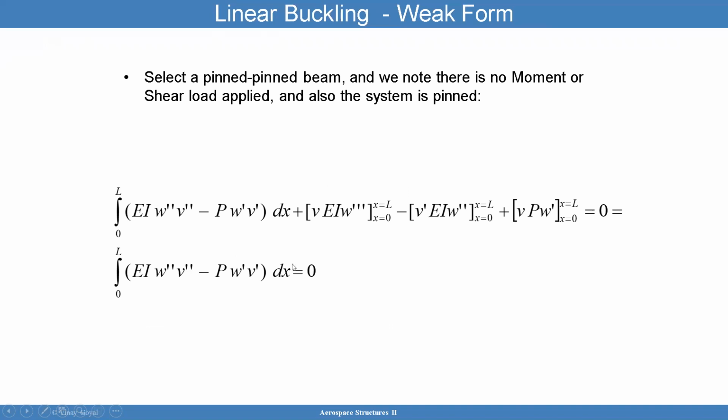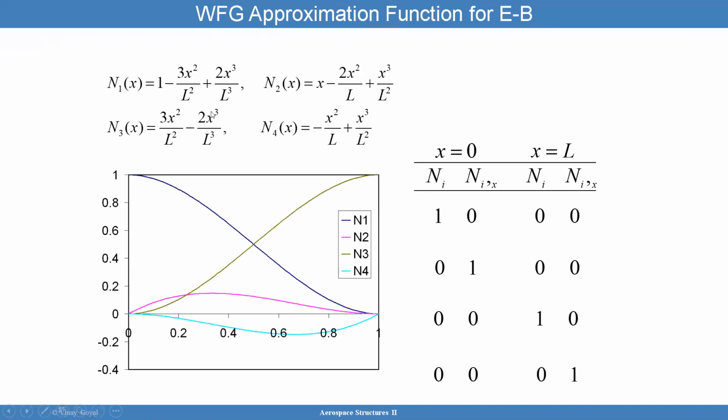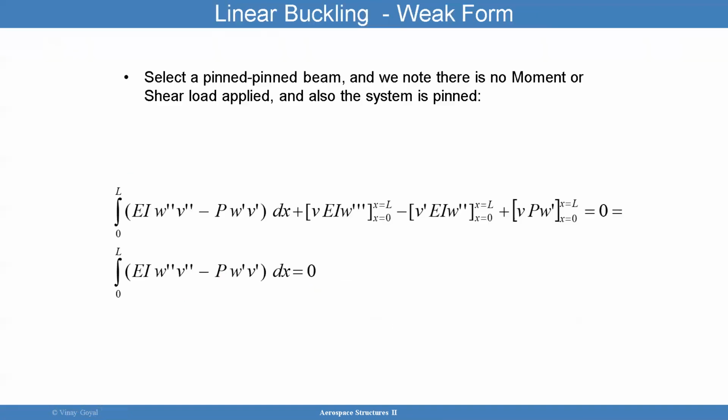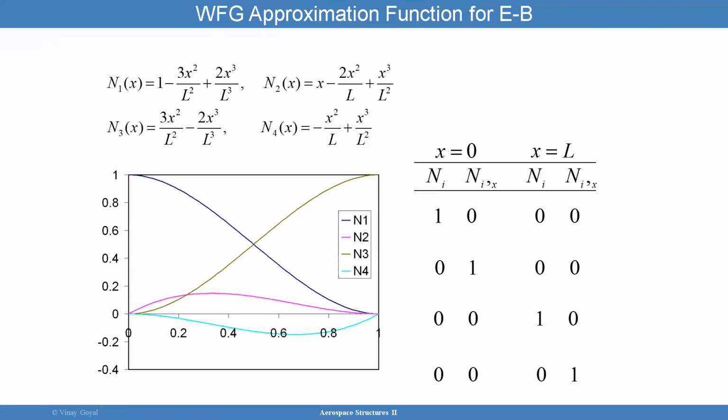So for this formulation, what's typically used for beams is this type of shape function, which is cubic, and they're selected in a smart way to satisfy the conditions you can have at either end of the element. Because the element is a beam, you're going to have two unknowns at each end. One is going to be the out of plane deflection, and the other is going to be the slope.